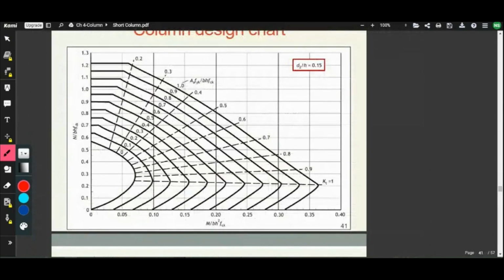So 0.64 is about here, and 0.08 is here. So that is the intersection, which is about 0.34.